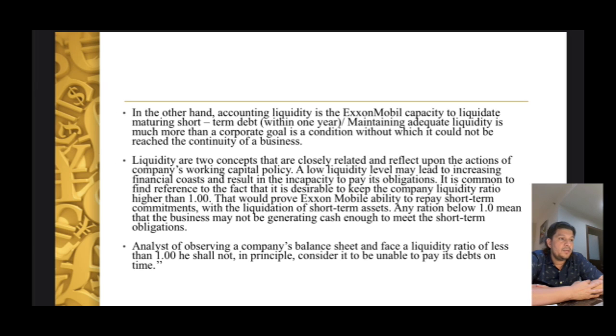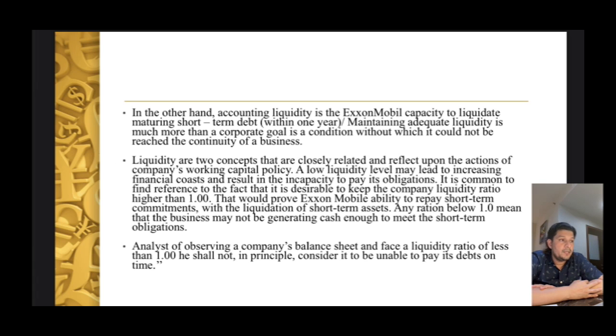Maintaining adequate liquidity is much more than a corporate goal. It is a condition without which the continuity of business could not be reached. Profitability and liquidity are two concepts that are closely related and reflect the action of the company's working capital policy.